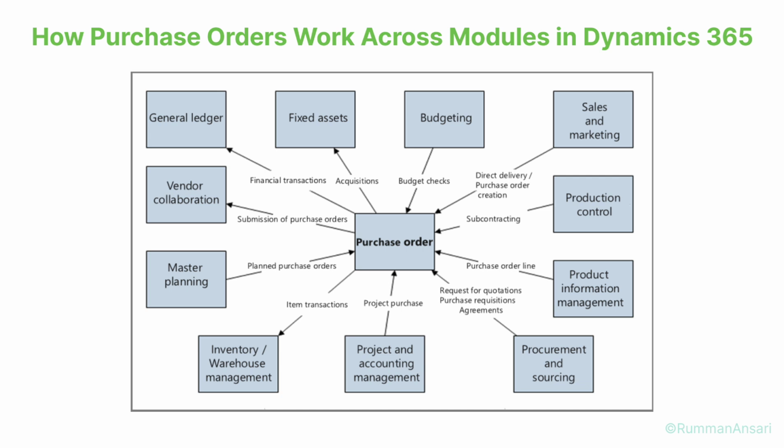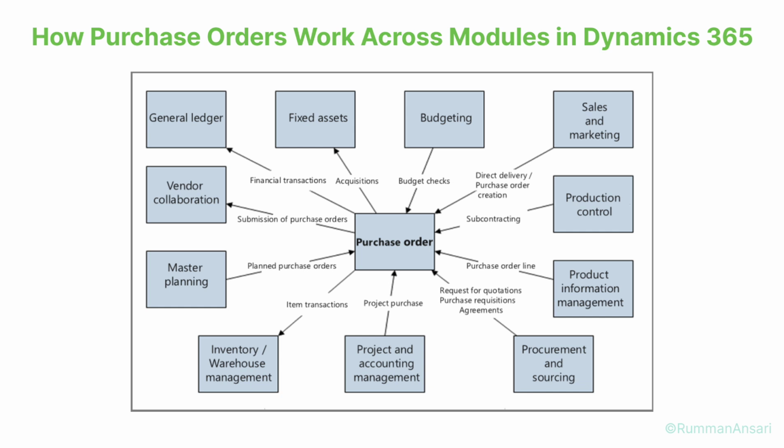We have discussed the product information management module, which provides the product data, for example item information for the PO lines. We discussed procurement and sourcing, which manages the RFQs, requisitions and vendor agreements before the purchase order. Project and accounting management allows project-specific purchases through the POs.